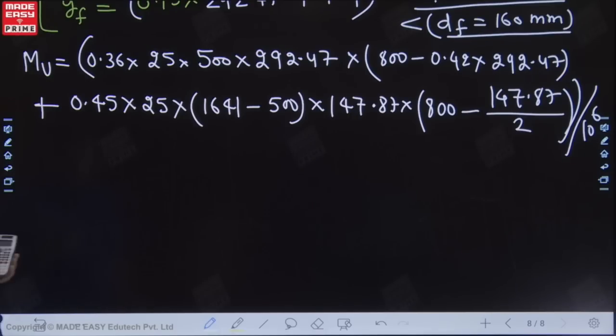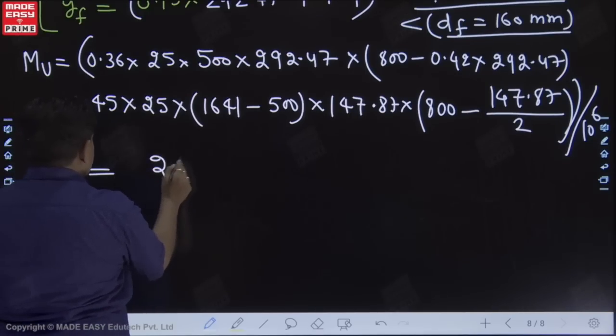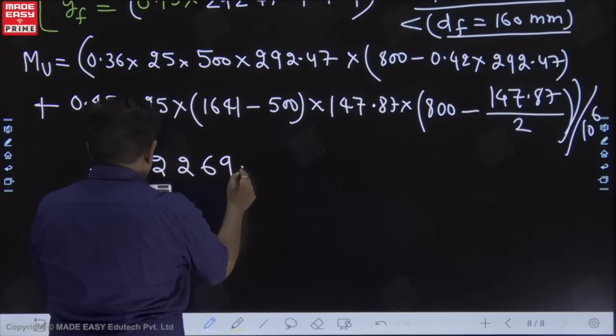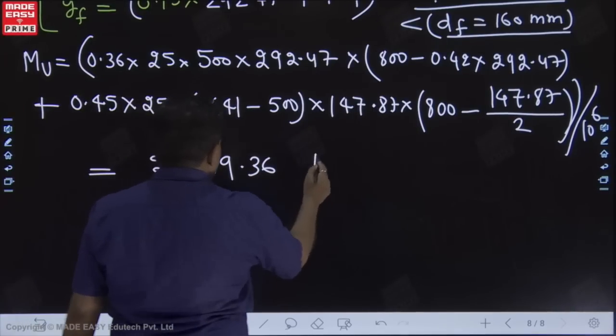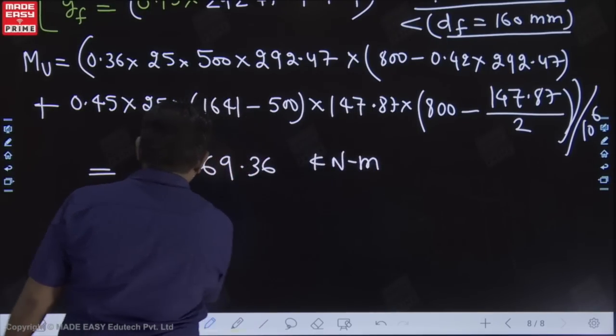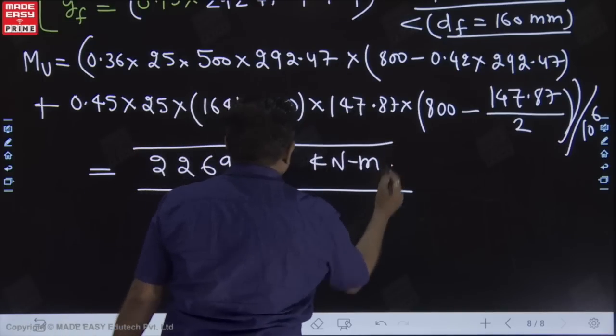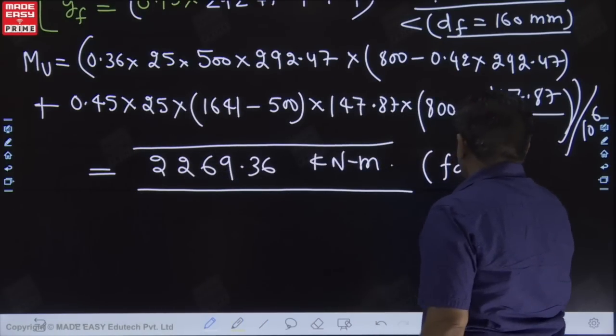It is coming to 69.36 kilonewton meter. You must remember that this is the factored value of MR.